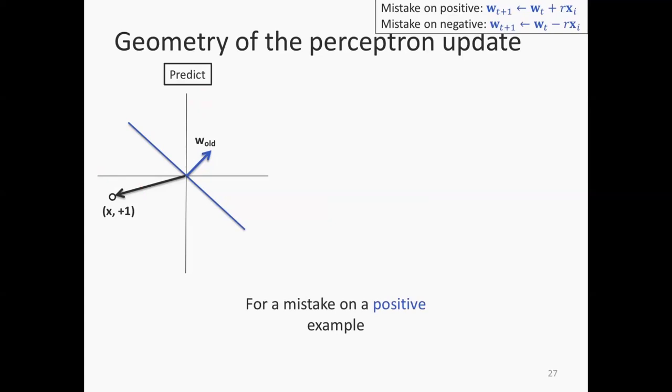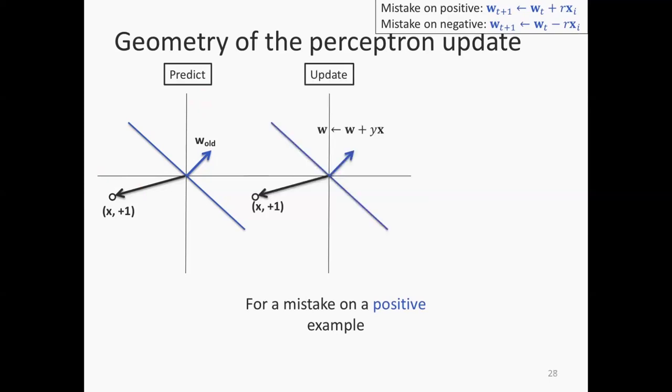So we can ask, what does the perceptron update look like on this plane? The perceptron update, for a positive example, is W new is W old plus X. Learning rate, let's pretend, is 1. Plus yx, where y is equal to plus 1. So X is this vector here. You remember your vector addition rules, right?